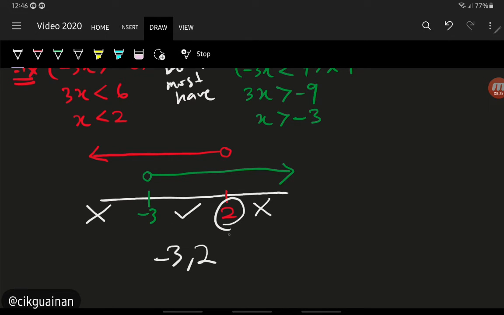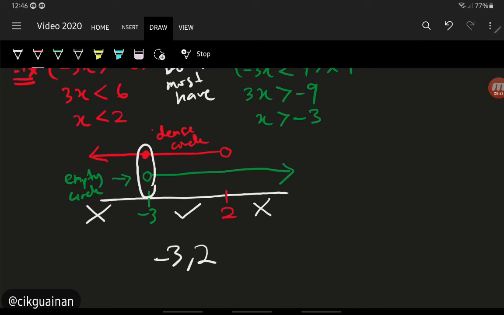Okay, now next we are determining the type of bracket that we are going to use. So we are looking at the circles over here. For the green one over there, we have an empty circle. Meanwhile, the red one is a dense circle.